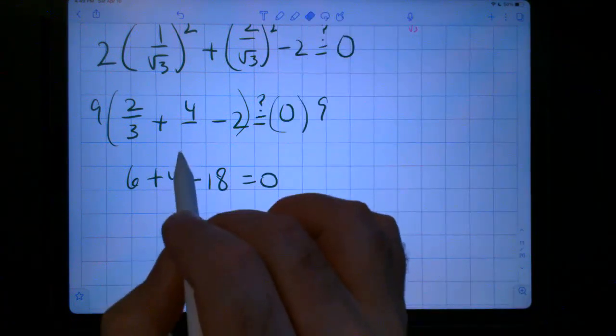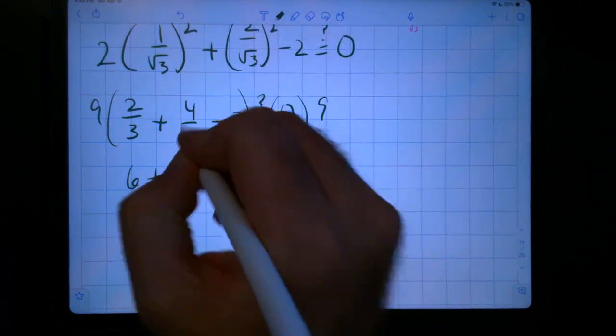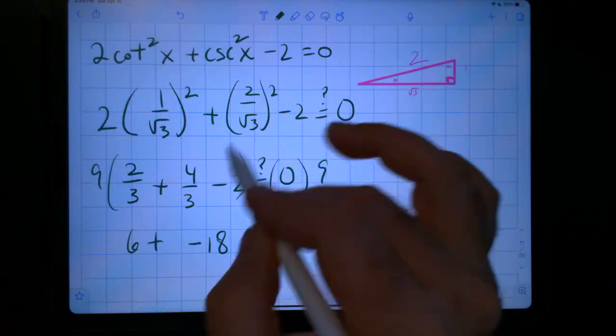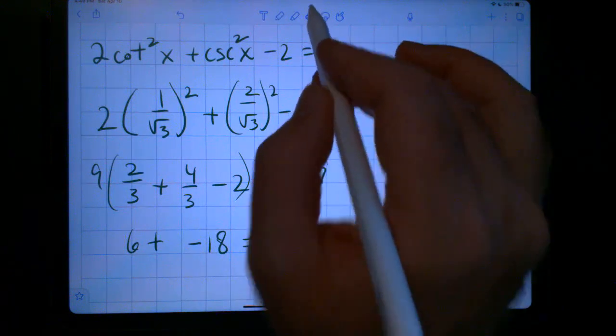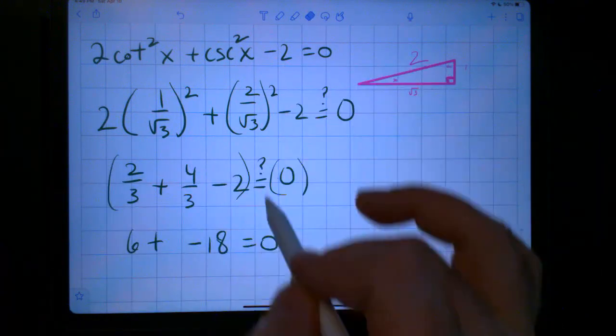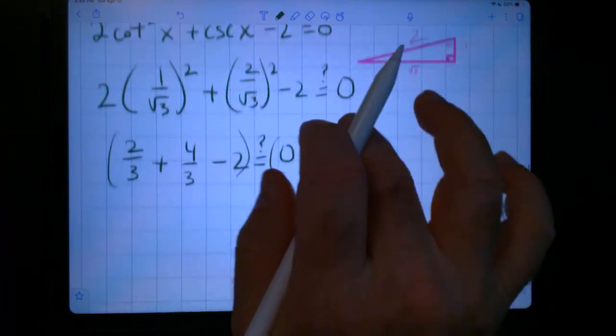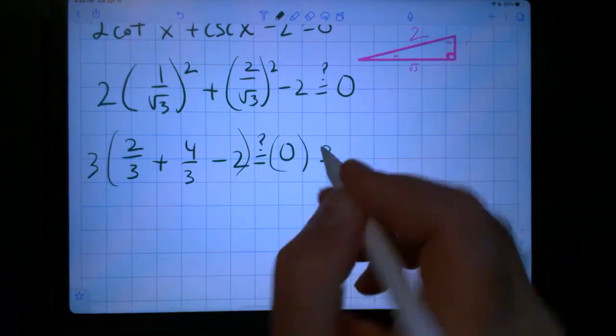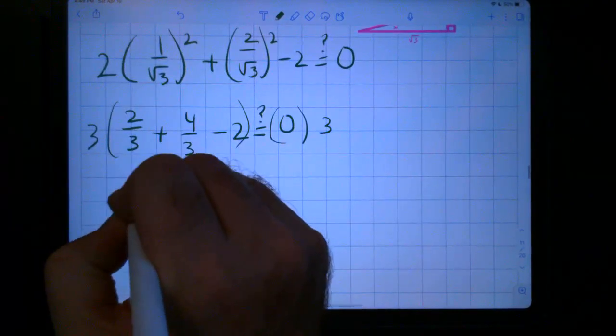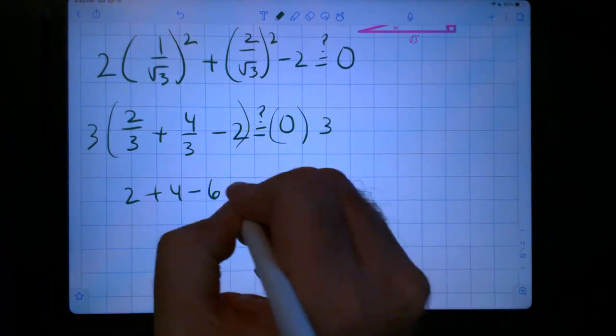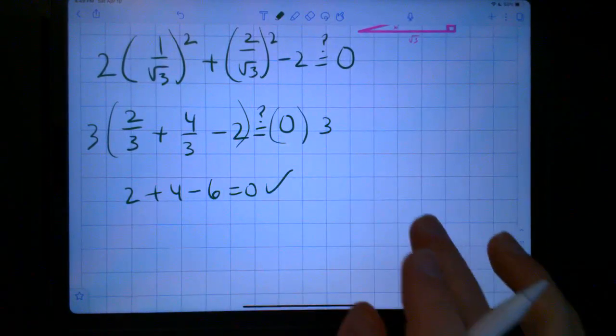Oh goodness. Radical 3 squared is 3. Yes, that checks.